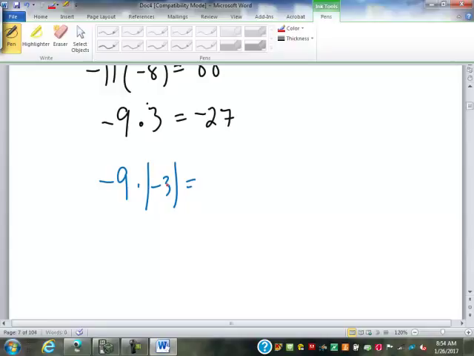Now, there's nothing to do inside of that symbol, so now you do the symbol itself. So the absolute value of negative 3 is a positive 3. You cannot combine anything that's inside that symbol with anything else until you've done the symbol. So it's just negative 9 times a positive 3, which is negative 27.